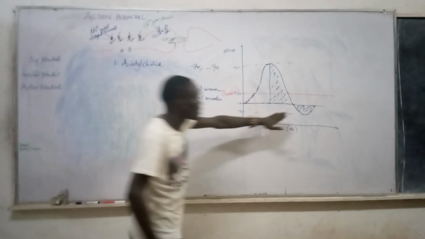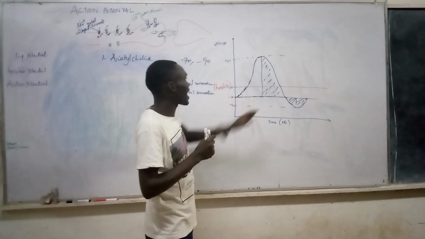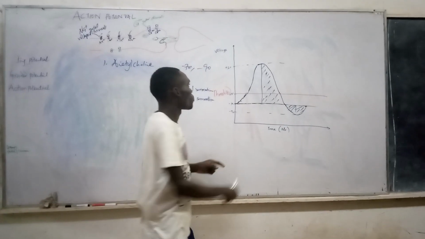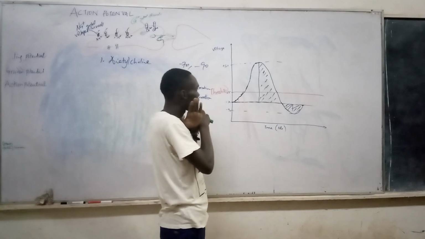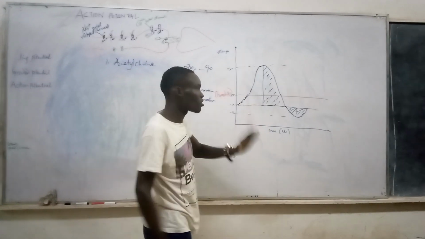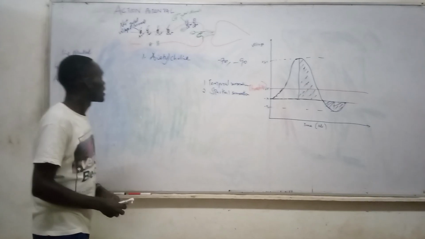But when the membrane is at its peak, it cannot be stimulated. Completely. So it is absolute. We call it the absolute refractory period.